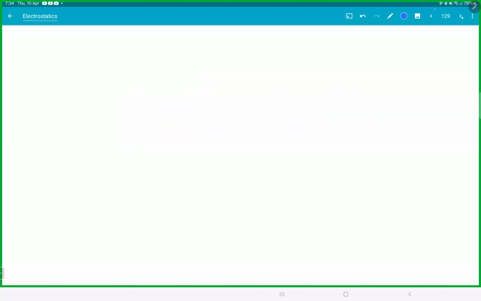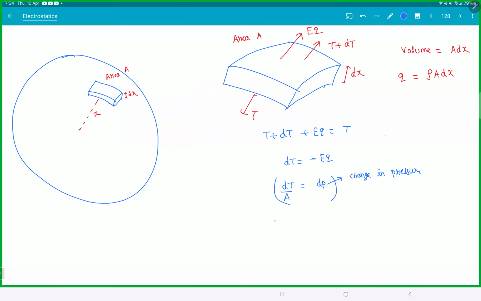So there is one pressure across one person there, so we will get divided by A. So dp is equal to minus EQ by area. What is E? The field inside. Remember, just now we derived rho by 3 epsilon r bar. So this will be rho by 3 epsilon r.